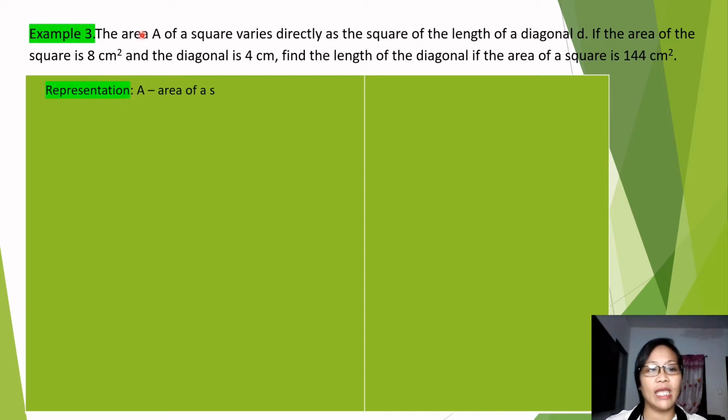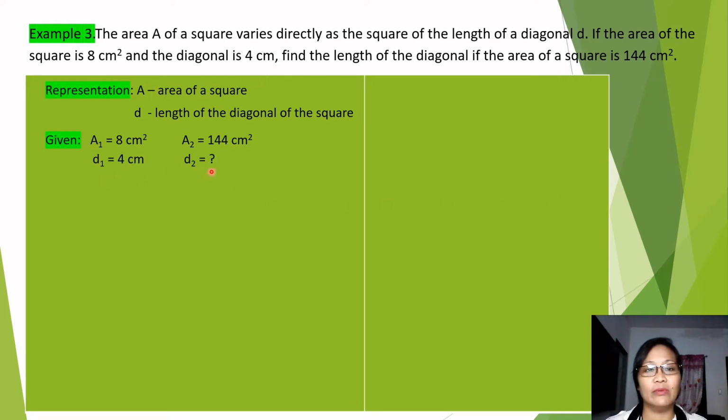So for our A, we have area of the square. And for our D, length of the diagonal of the square. What are the given? A sub 1, we have 8 centimeters squared. A sub 2, we have 144 centimeters squared. And for our diagonal or D1, we have 4 cm. And D2, which is our unknown.